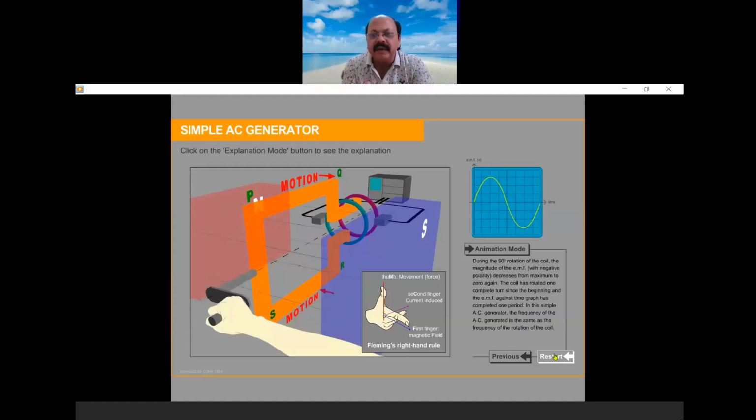The coil has rotated one complete turn since the beginning, and the EMF against time graph has completed one period, that is capital T. In this simple AC generator, the frequency of the AC generated is the same as the frequency of rotation of the coil. So this is about the working of an AC generator.